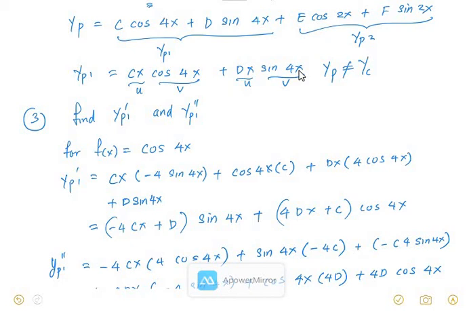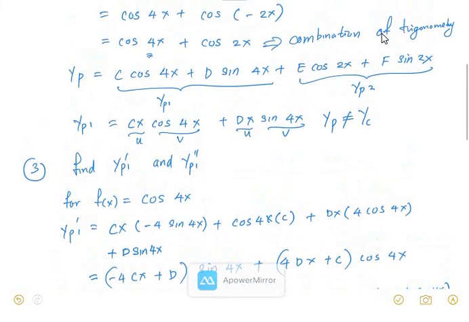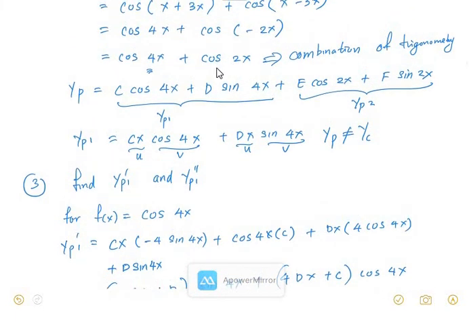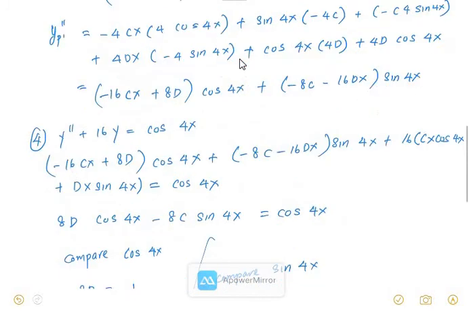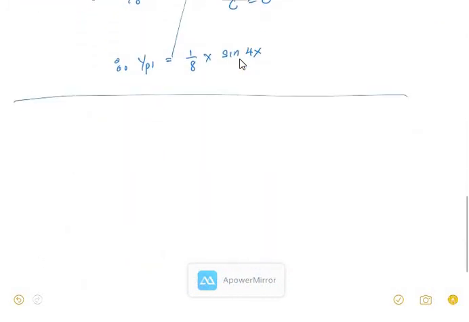So next we go to the second one, that is the yp2 for the fx of cos 2x. We solve for the fx equal to cos 2x. So your yp2 equal to e cos 2x plus f sine 2x.